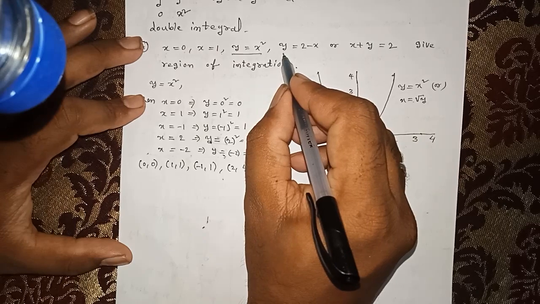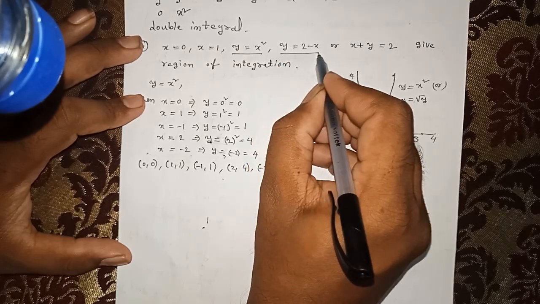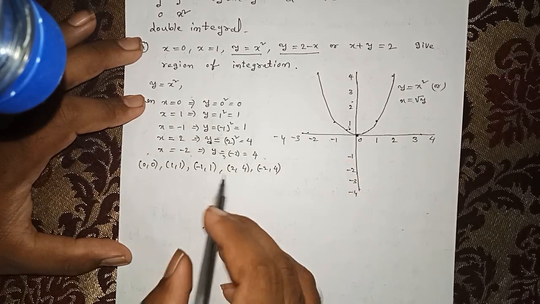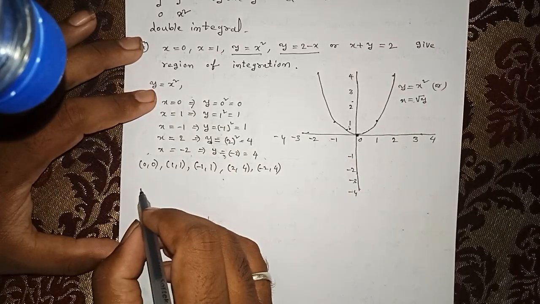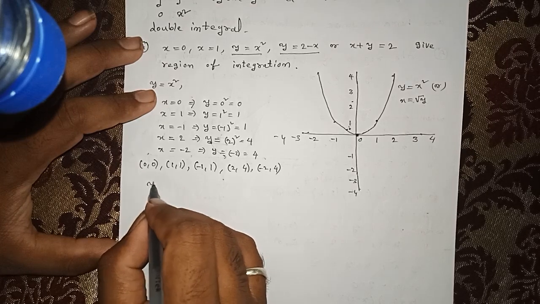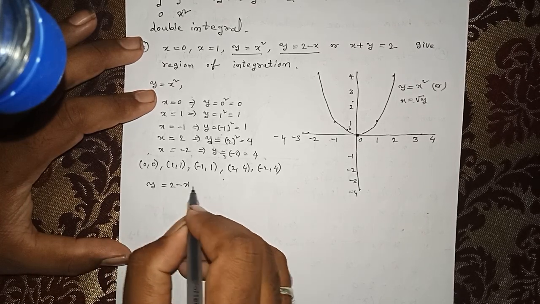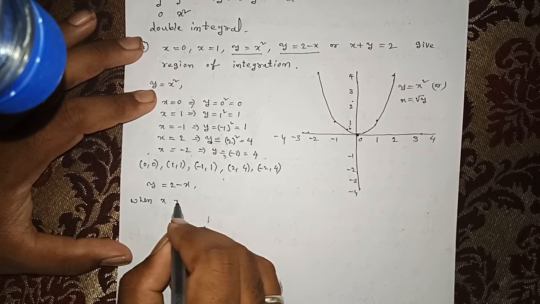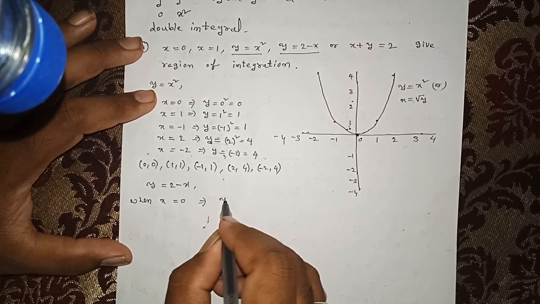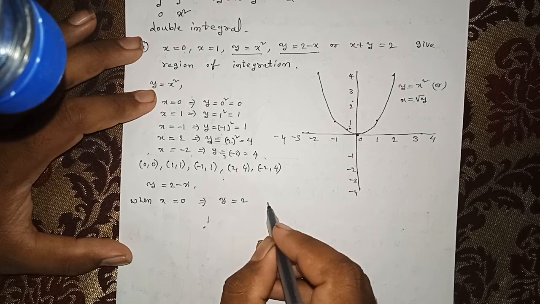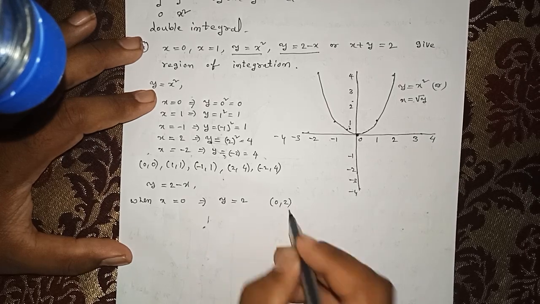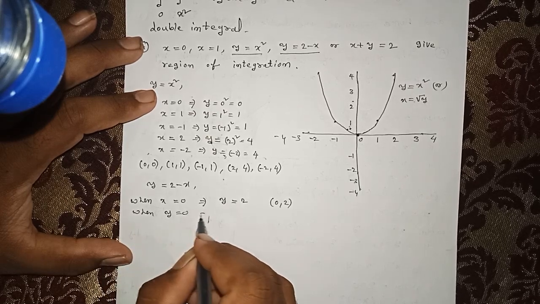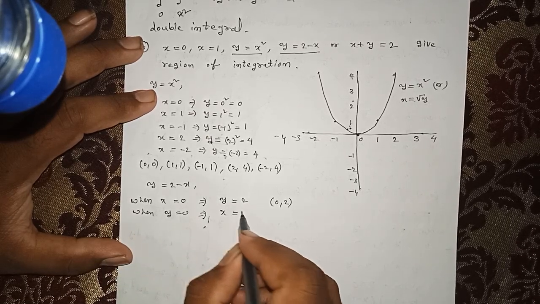Now let us take the line y is equal to 2 minus x on the xy plane. Corresponding to y is equal to 2 minus x, when x is equal to 0, y becomes 2. Therefore, the ordinate is 0, 2. And when y is equal to 0, x will be 2.